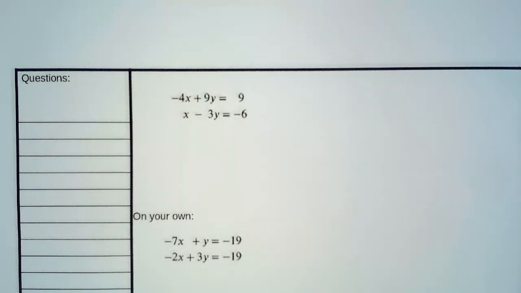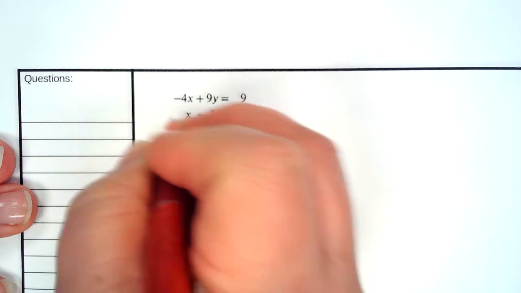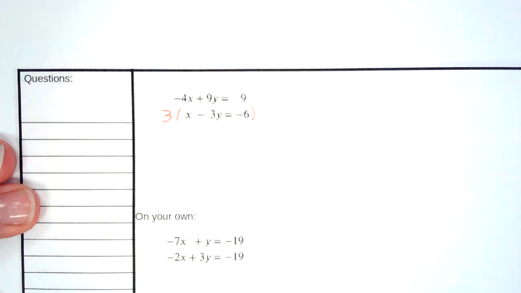So, which way do you think would be better? If we use 4, we're going to have bigger numbers than if we use 3. But if that's what you want to do, that is perfectly acceptable. I think that for the example, though, we're going to multiply everything here by 3.